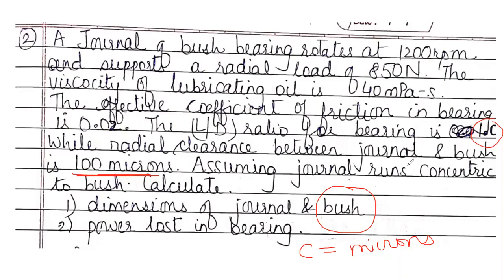How do we come to know that this is a numerical of Petrov's equation? See, journal and bush, right? Whenever you see words like bush or concentric, assume the journal runs concentric to the bush. This is the assumption of Petrov's equation, that bearing and journal are concentric to each other. They share the same center point axis. Then you should understand that this is a numerical of Petrov's equation, so we'll solve this numerical with the help of Petrov's equation.